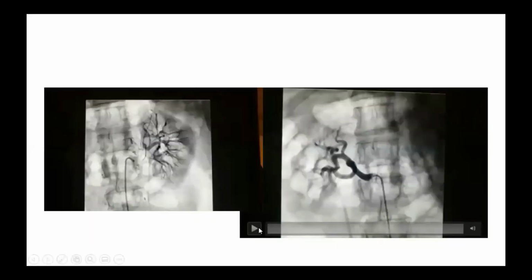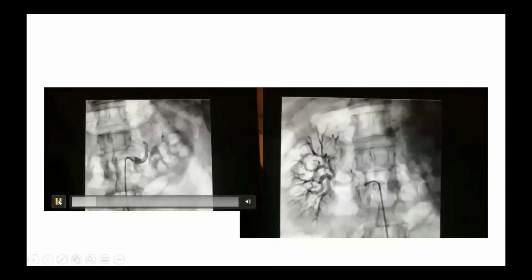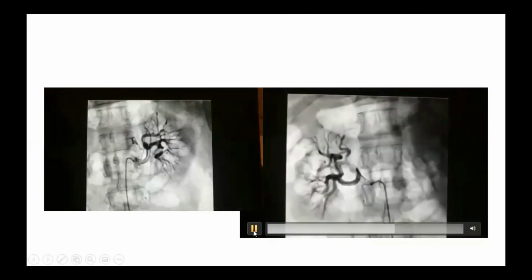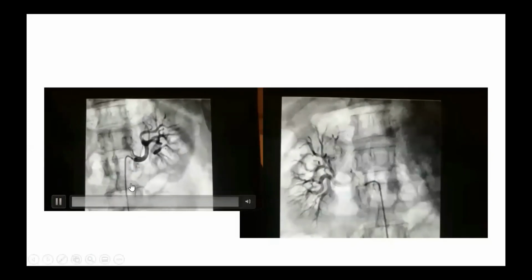How about this one? For the same patient, they did this. What is this? Injection to pulmonary artery. This is the pulmonary.